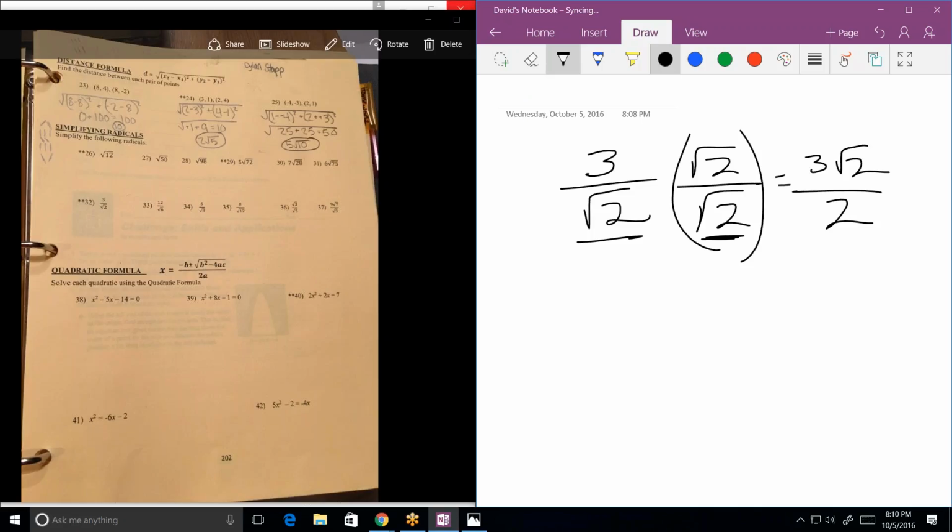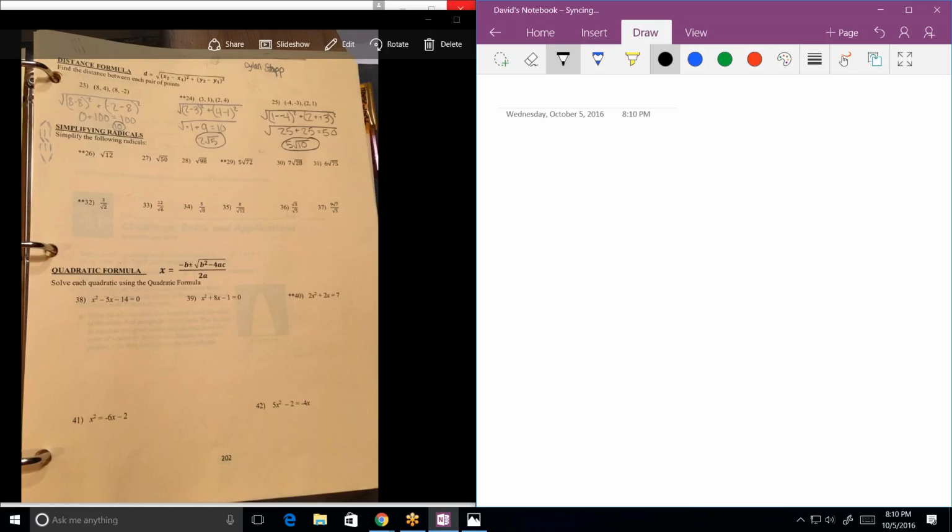It has an irrational numerator, but that's okay. There's no problem with irrational numerators. This process is called rationalizing the denominator. And what you always want to do is multiply the denominator by the same thing that it is, which means I have to multiply the numerator by that also. Okay. Next one, 12 over root 6.